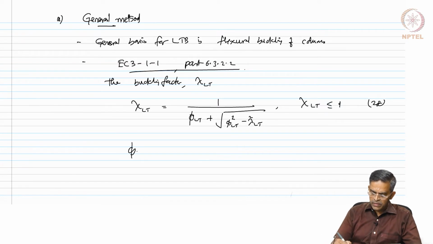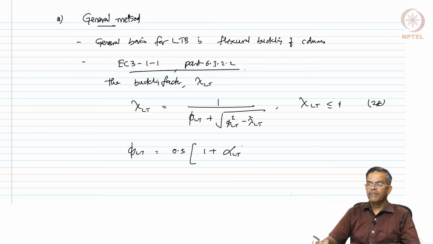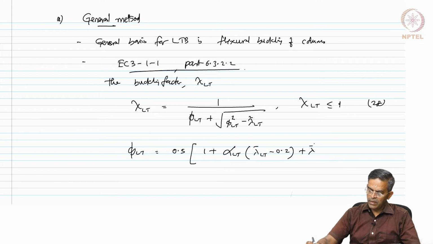Where phi LT is 0.5 times 1 plus alpha LT times lambda bar LT minus 0.2 plus lambda bar LT squared, equation 29.